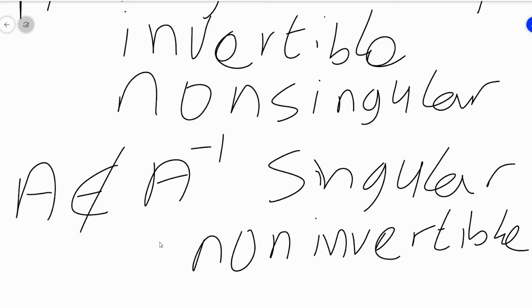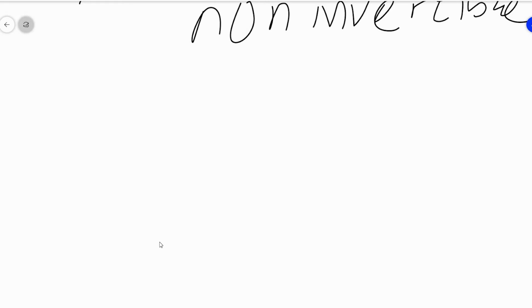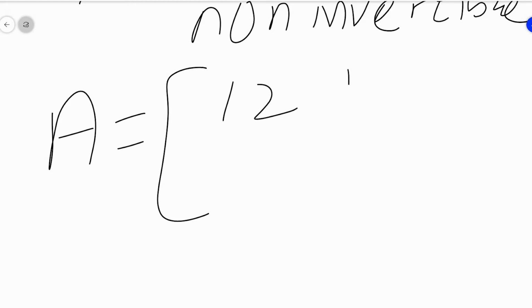So let's move on to how to calculate the inverse of a matrix now. So let me give you an instance of a matrix. Let's say A equal to 1, 2, 1. This is an example of a matrix inverse.